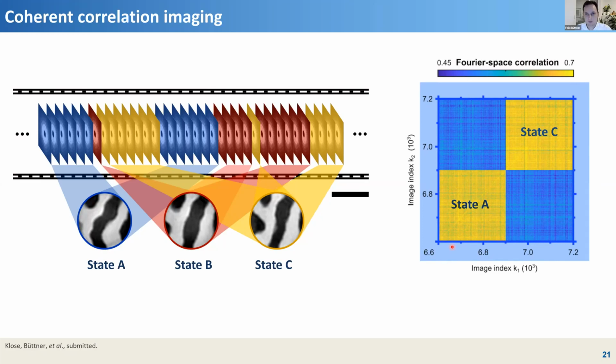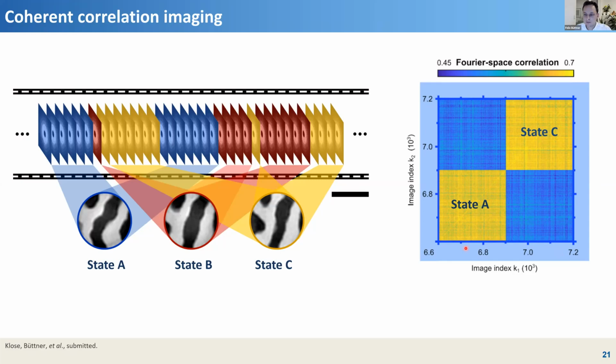So this is a correlation map. It's showing the correlation between, in this case, 60 different frames. What we see here is that for the first 30 or so frames, we have a high correlation, and then suddenly it changes to a low correlation, meaning that the system has remained in one state and then it has changed to a different state.